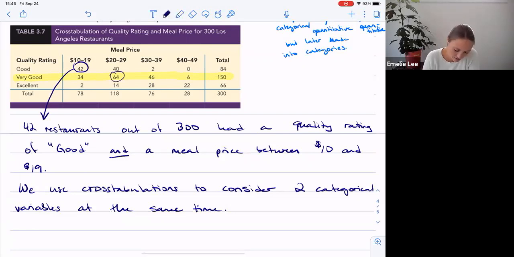Now the answer would be 64 out of 150. And so we can get a lot of different information, and it totally depends on the question that you're trying to answer for your boss. So lots of things we can learn from and ask of a crosstab.